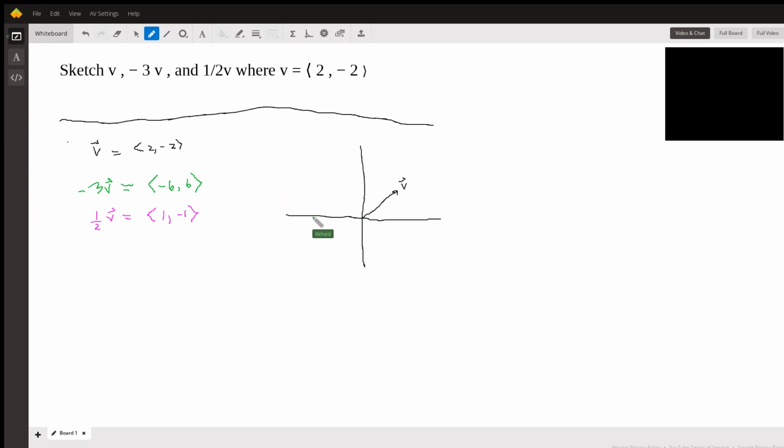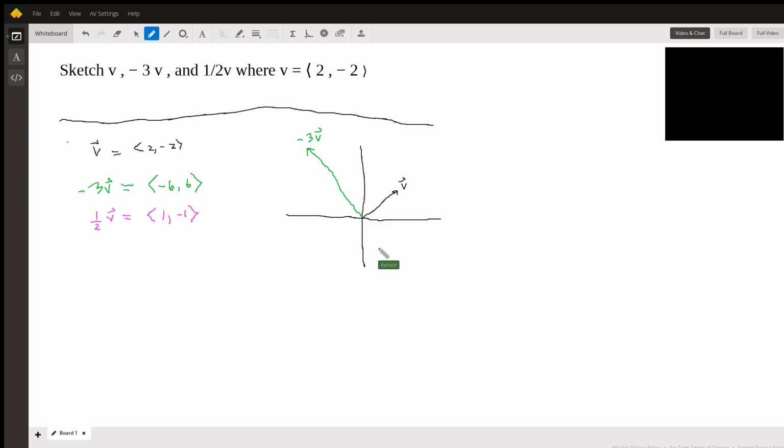Negative 6 is going to be roughly here, and then up 6 would be roughly like this. So we'll put that negative v here. So here's negative 3v, not just negative v.